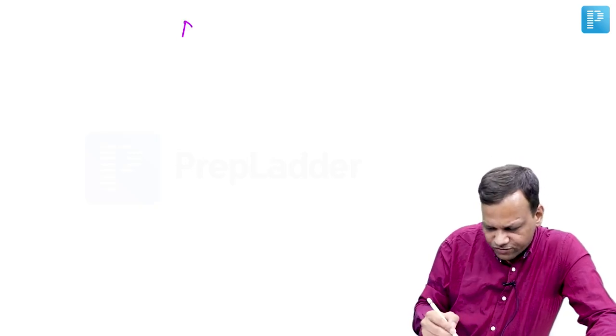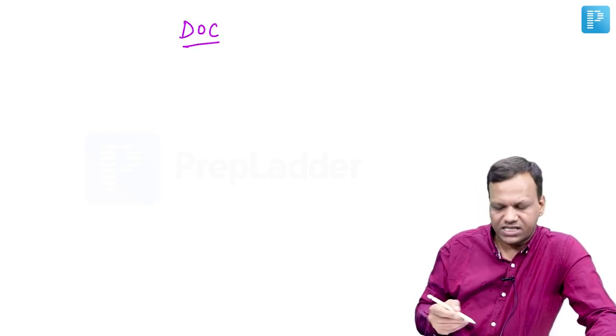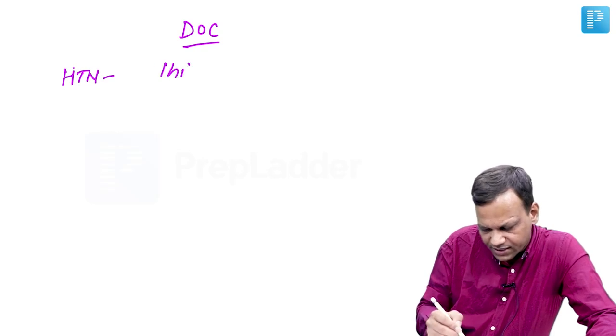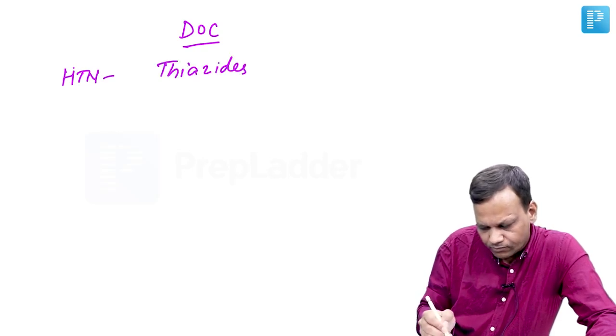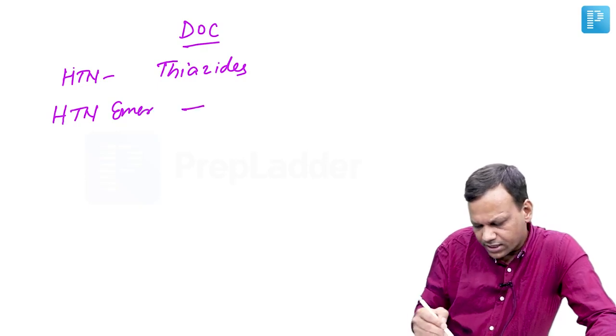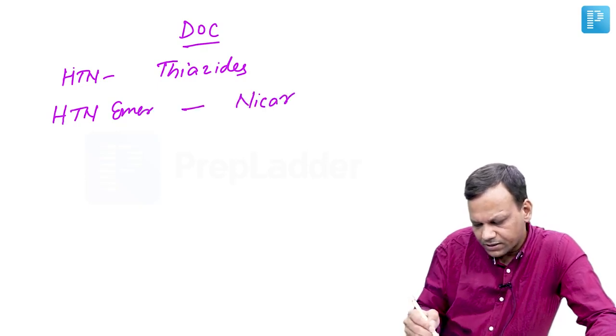The last and most important thing in hypertension is the drug of choice for different types of hypertensive conditions. Normally for hypertension, the drug of choice we consider is thiazides. For hypertensive emergency, usually the drug of choice is nicardipine.